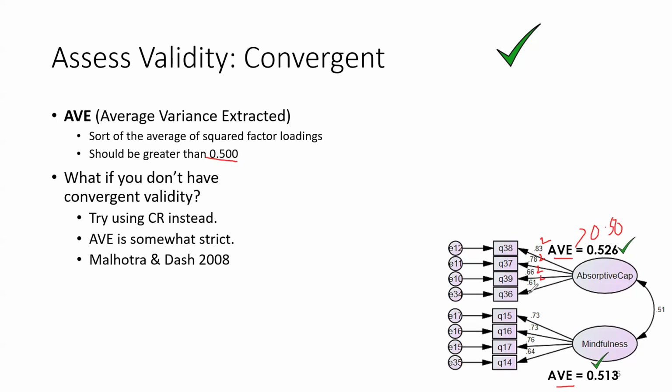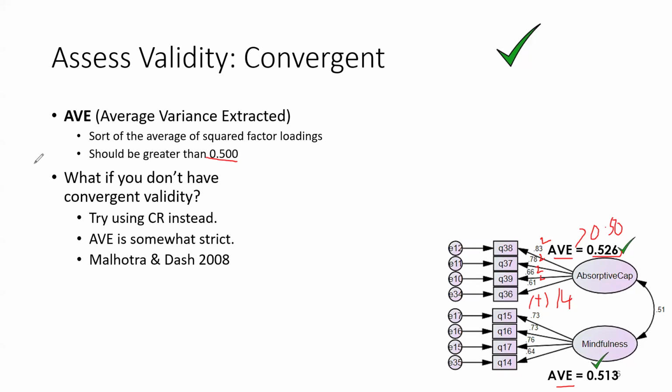Actually, here we call them indicators; in SPSS, we call them items. In this software we call them indicators. So they are squared, added, and then divided by the number of indicators. That value is your AVE.